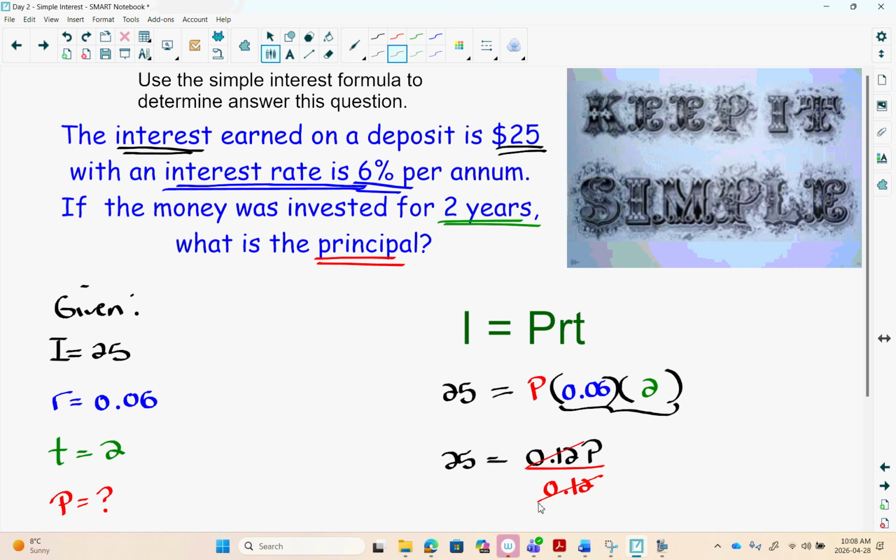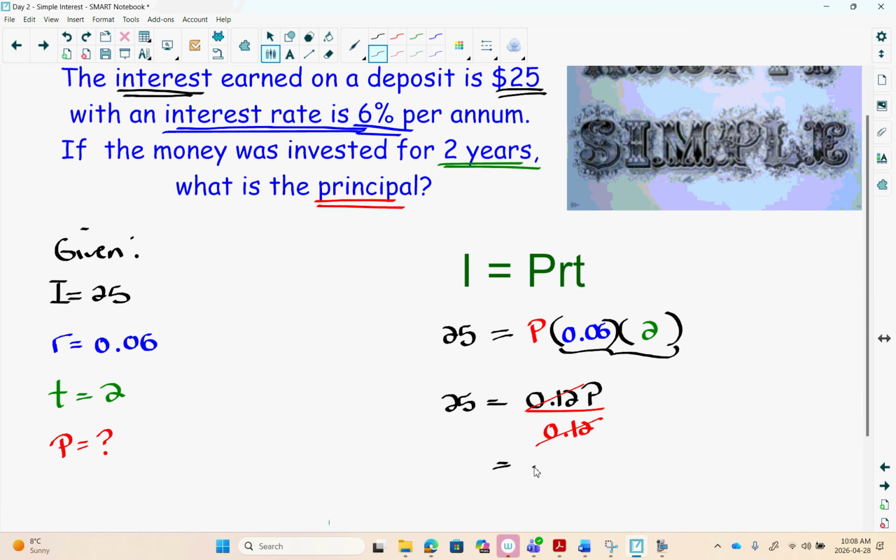Those go away, and it would leave a P on the right-hand side. P for principal. But whatever you do to the right-hand side, make sure you do the same thing to the left-hand side. What's 25 divided by 0.12? There's your $208 and 33 cents, right? I'll leave it round to the nearest cent.